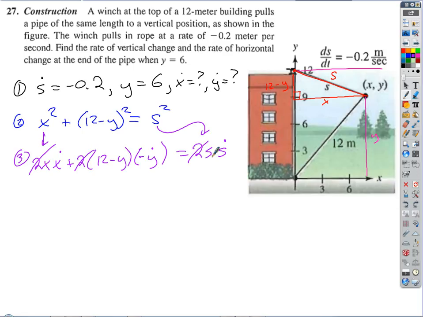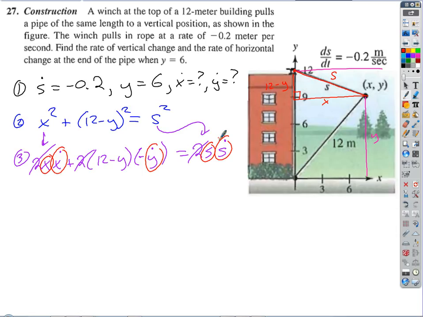Let me articulate this a little better. Let's circle all the unknowns that we've got, right? What are the things that we can't plug in here? We can't plug in x, we can't plug in x dot, we can't plug in y dot, we can't plug in s. That's a lot of stuff, right?